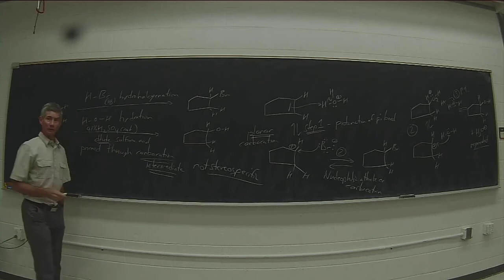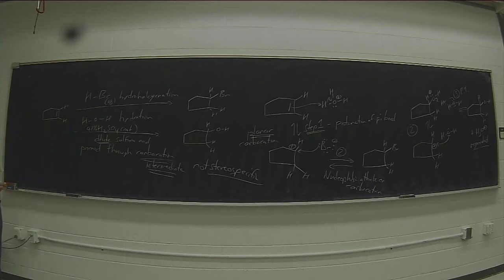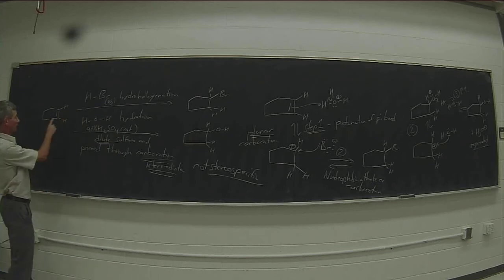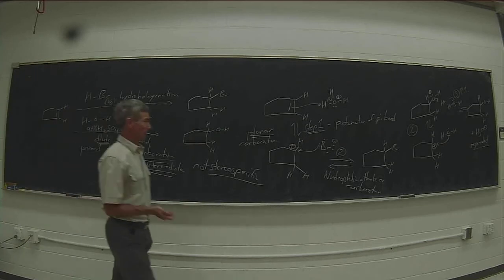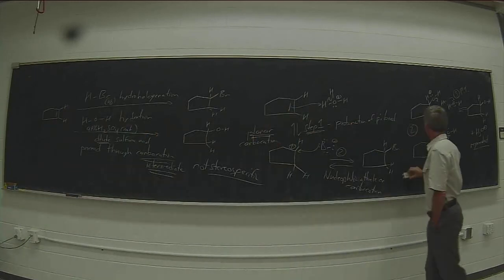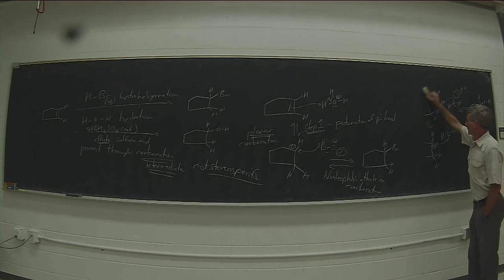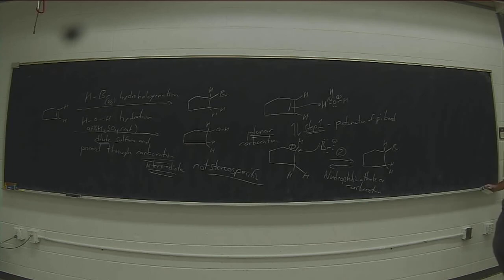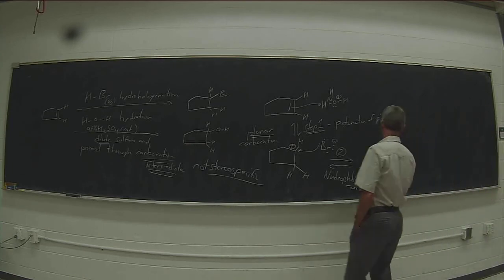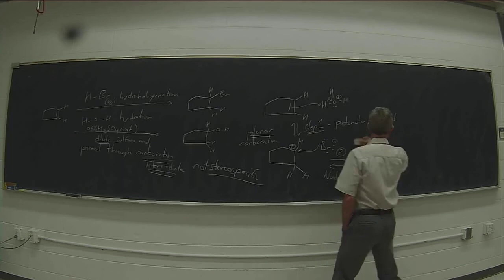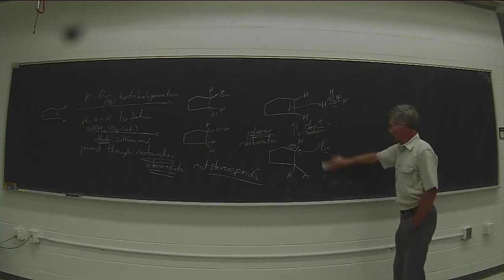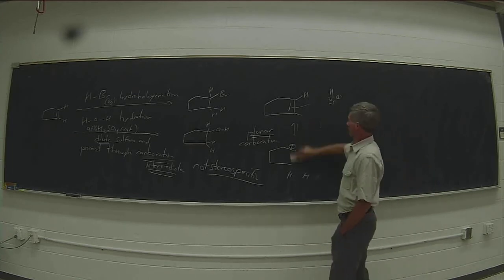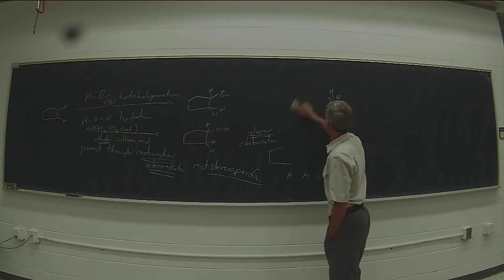But there will be regioselectivity in the case of an unsymmetrical alkene. Because the intermediate is a carbocation, if you start with an unsymmetrical alkene, you will have two possible carbocation intermediates, one of which is more substituted than the other, and therefore forms in larger quantity than the other.